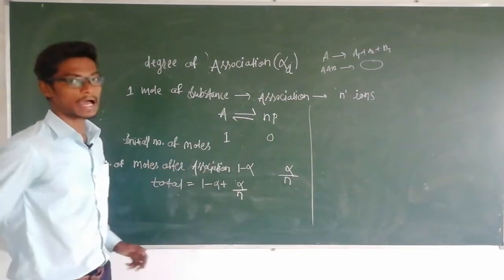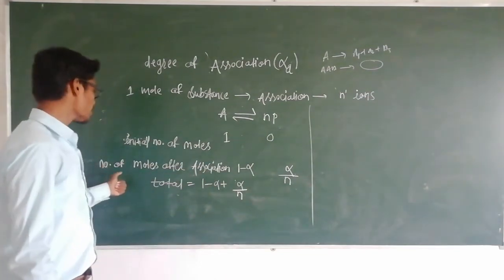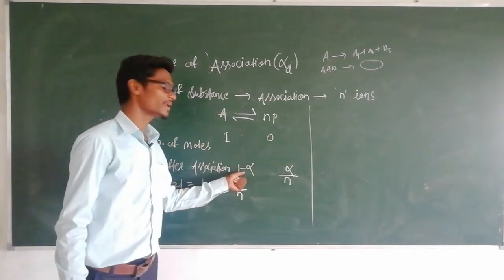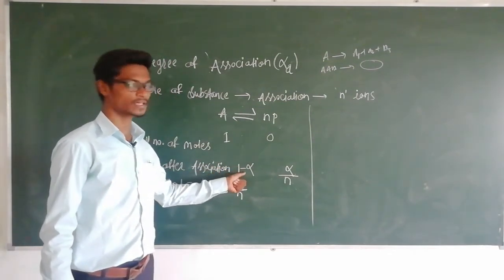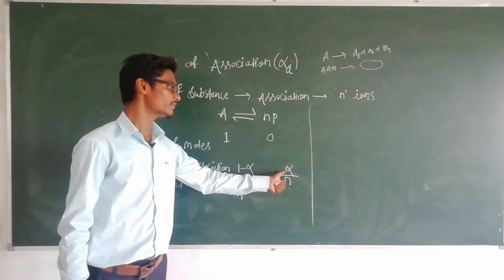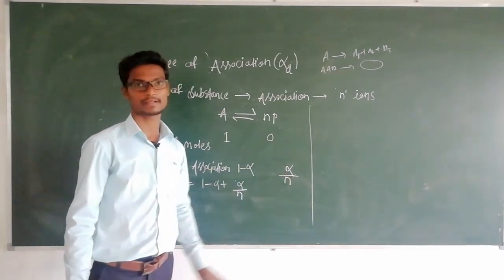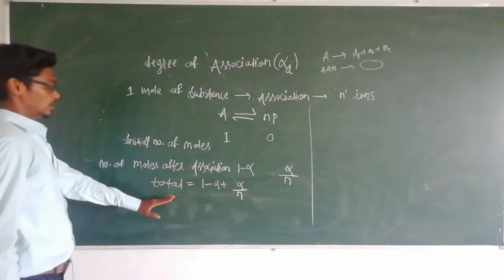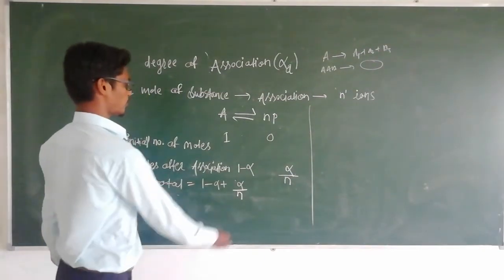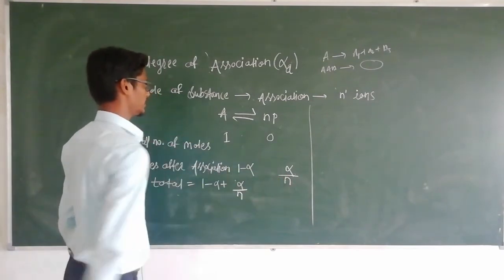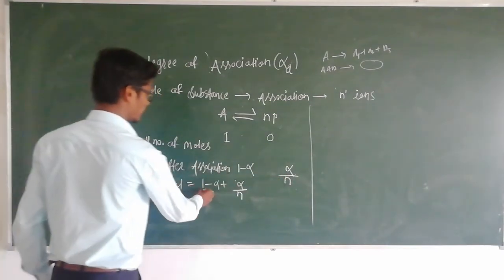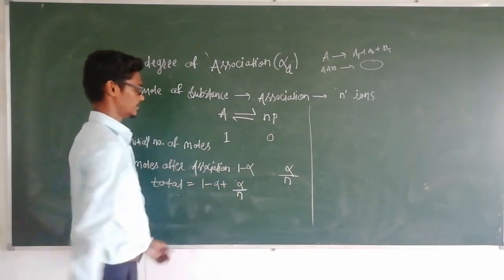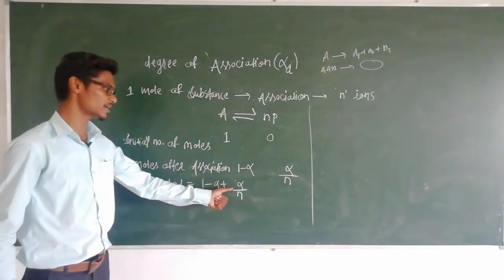Now the number of moles after association is 1 minus alpha for the reactant, and for the product we take alpha divided by n. So the total of the two quantities is 1 minus alpha plus alpha by n.